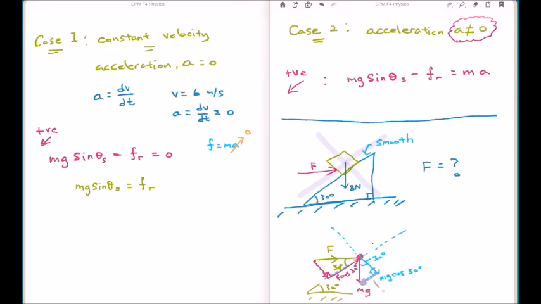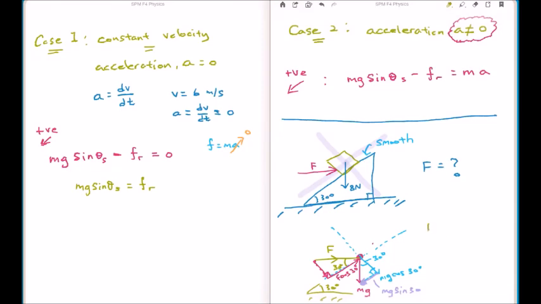Here is mg sine 30. This is mg cos, this is vertical, this is horizontal. So going down must be the same as going up. Well, this is not up to scale because this is so long, this is so short, but the concept is there.